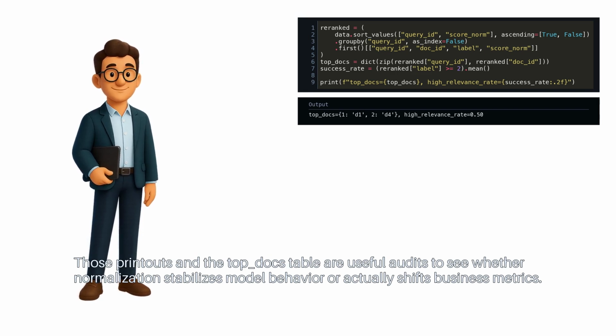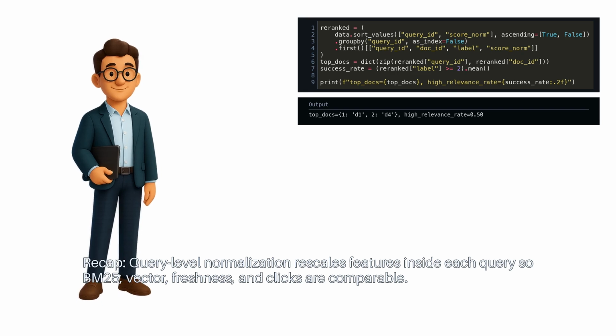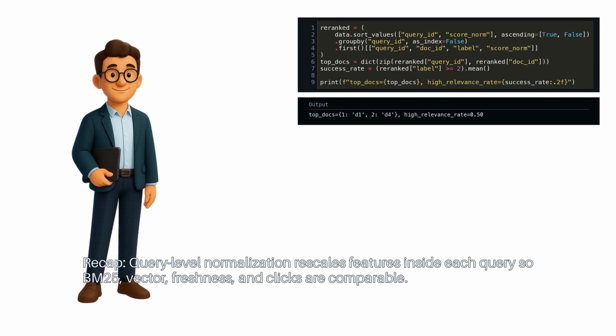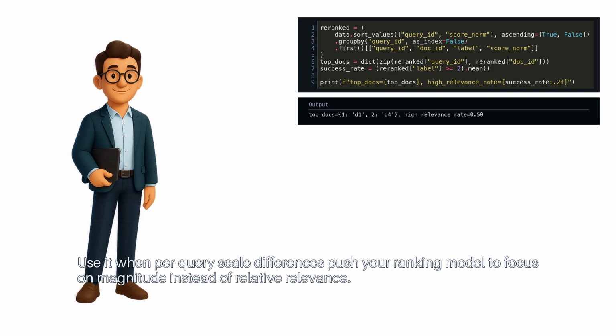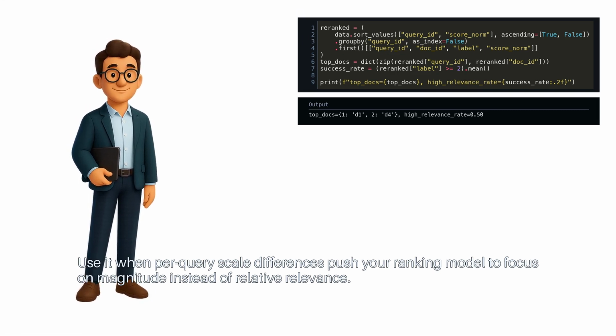Recap: query-level normalization rescales features inside each query, so BM25, vector, freshness, and clicks are comparable. Use it when per-query scale differences push your ranking model to focus on magnitude instead of relative relevance.